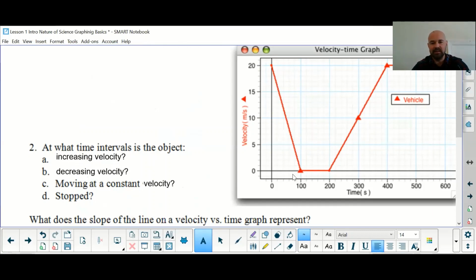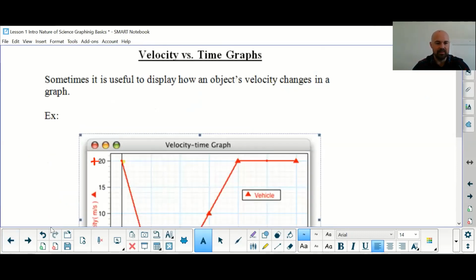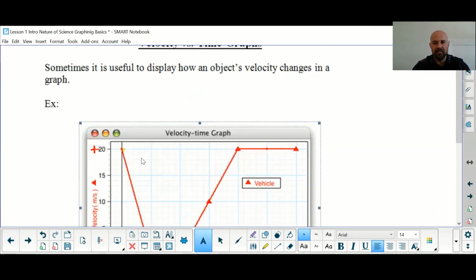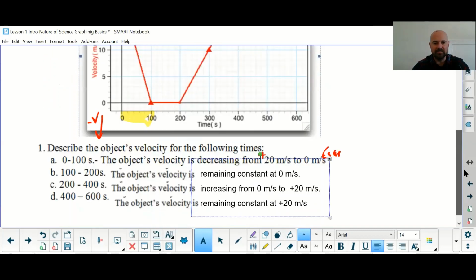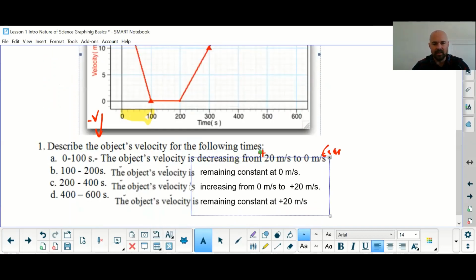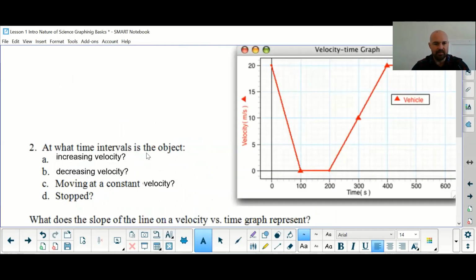Looking back at our descriptions originally, it increases in the third section, from 200 to 400. So I can just write 200 to 400 seconds.